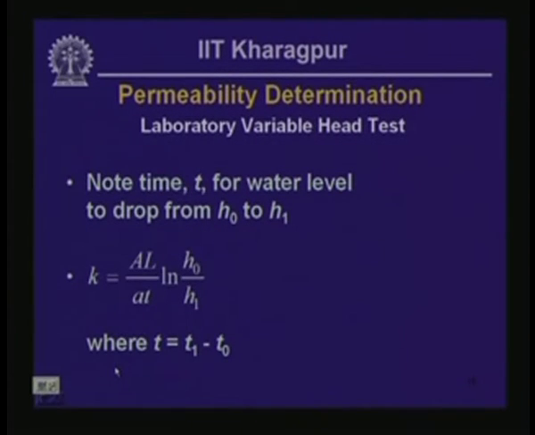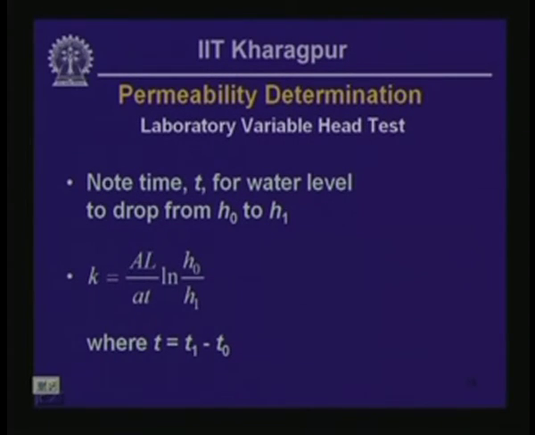Another method involves the variable head test. In this case, we again use a cylindrical sample of soil or rock, and we allow flow to take place under variable head through the specimen, and we note the time for the water level to drop from H0 to H1, as will be shown in the next animation.